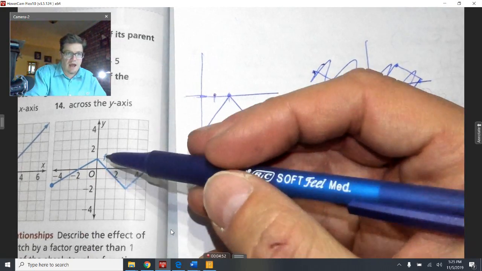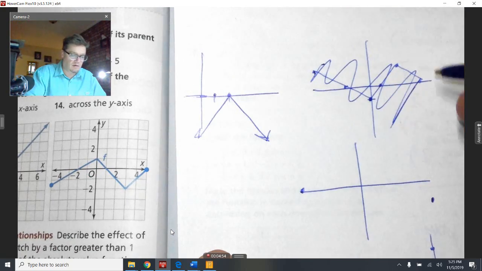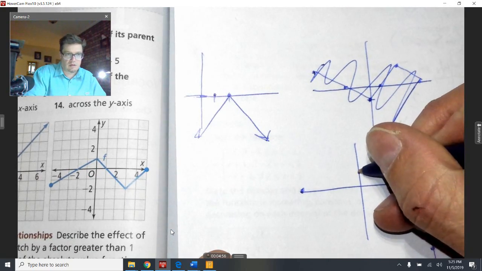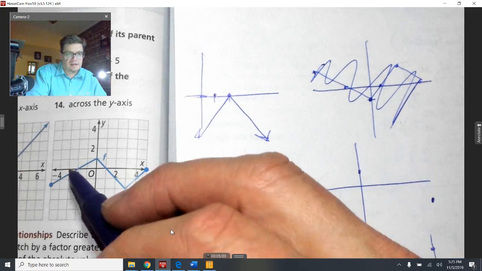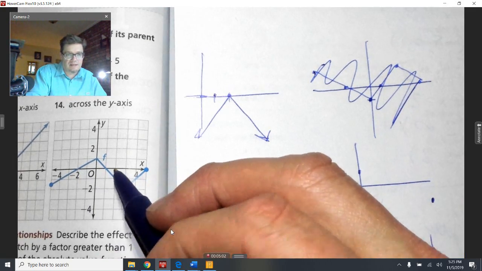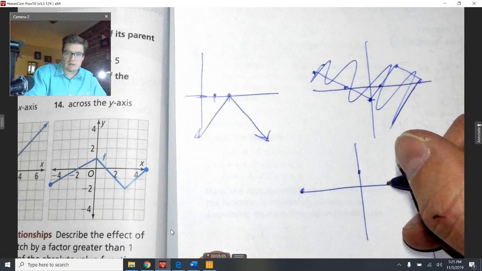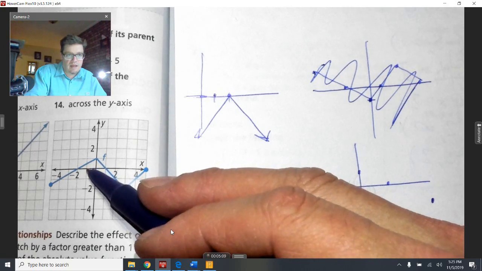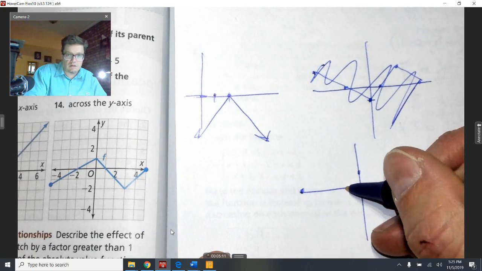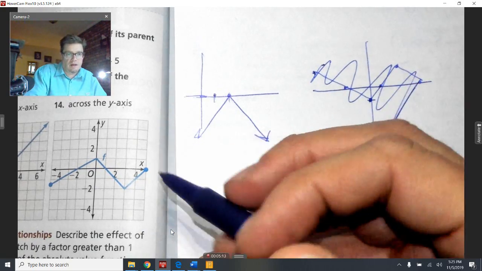This guy on the y-axis is here, he will stay there. The zeros will switch. This negative 2 here will go to positive 2 over here. This positive 1 here will become negative 1 over there. Okay, what else? Let's see.